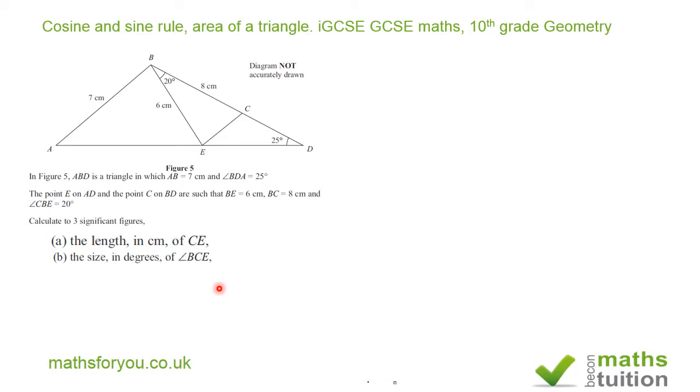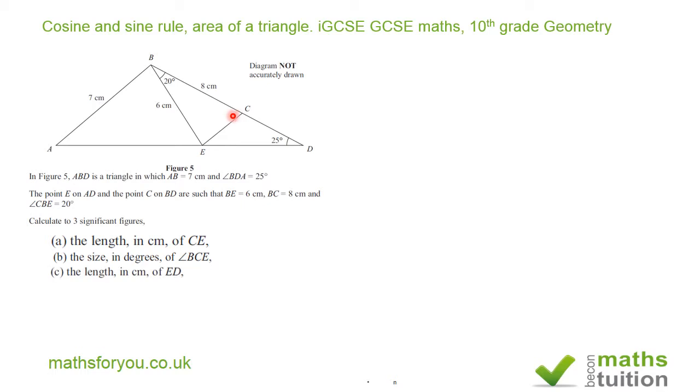The first one says we want to find the length of CE, and CE is there. The next one asks for the size in degrees of angle BCE, and BCE is there.